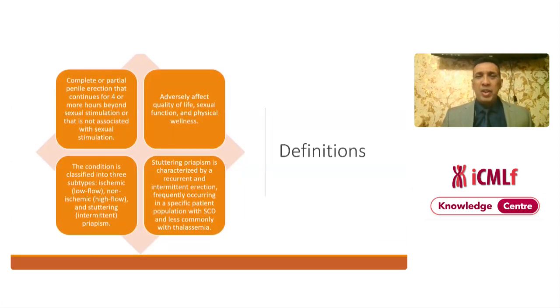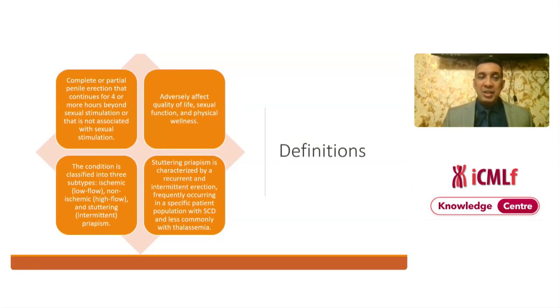So how do we define priapism, and what are the different types that we should be aware of? Priapism is defined as a complete or partial penile erection that continues for 4 or more hours beyond sexual stimulation, or that is not associated with sexual stimulation, which adversely affects quality of life, sexual function, and physical wellness.